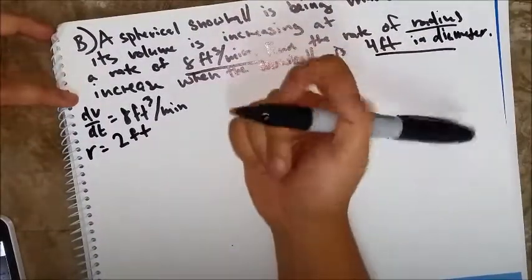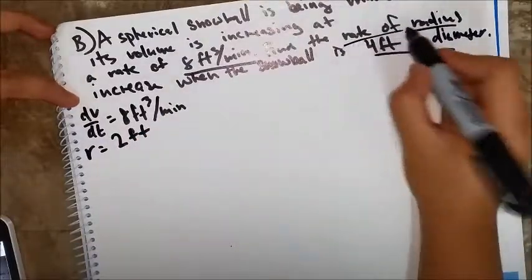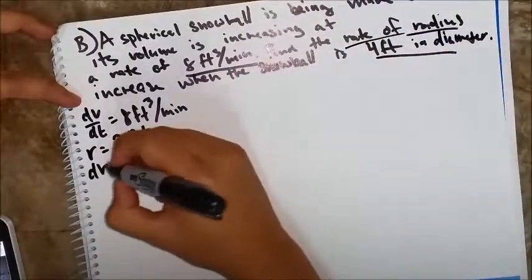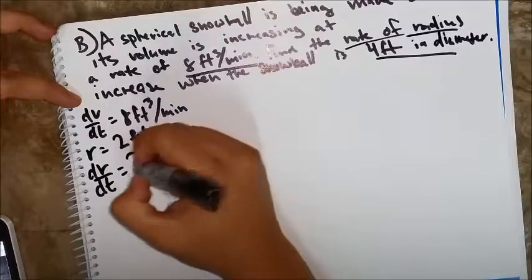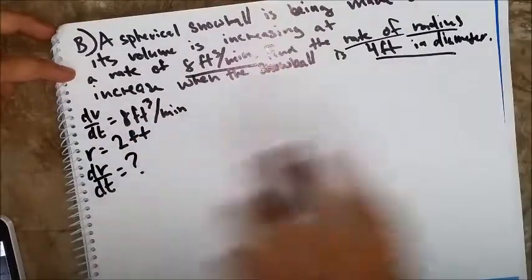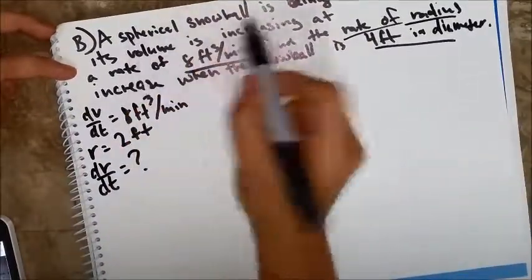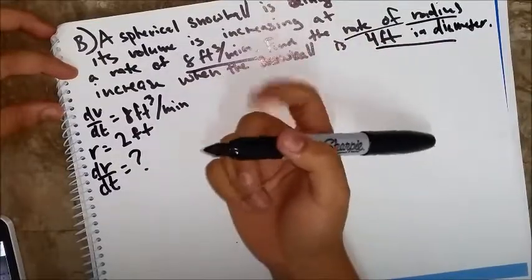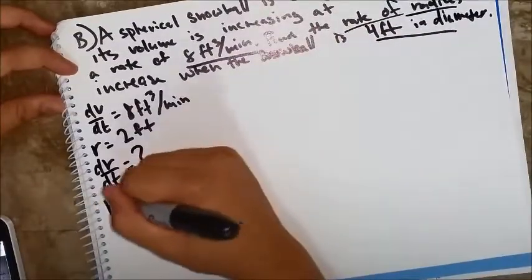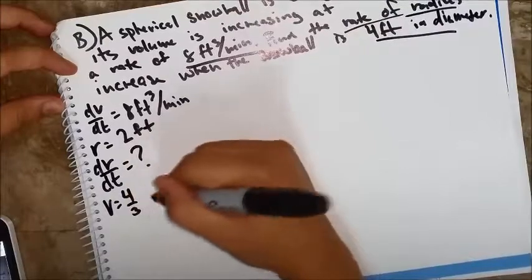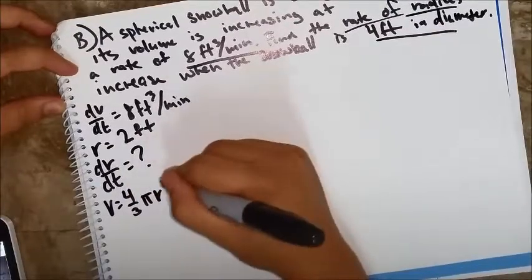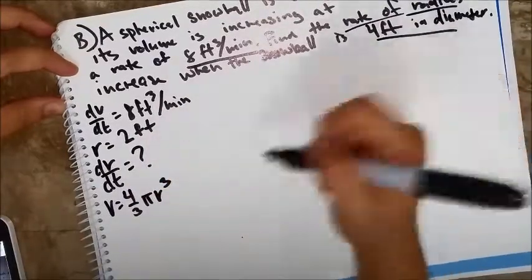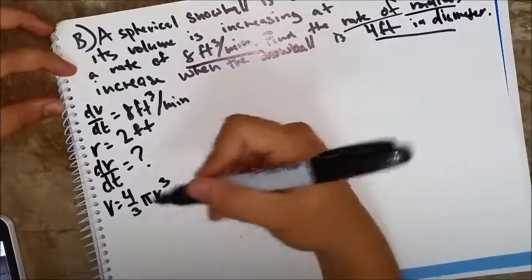And what we need to find is the rate of radius increase, which is dr over dt. Since it's a spherical snowball, we'll be using the formula V equals 4/3 pi r cubed.